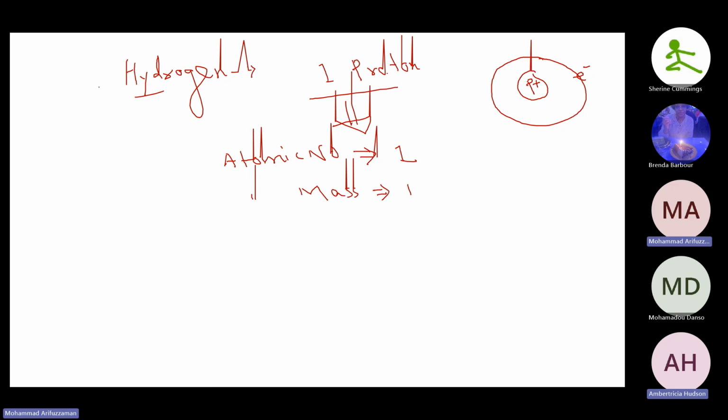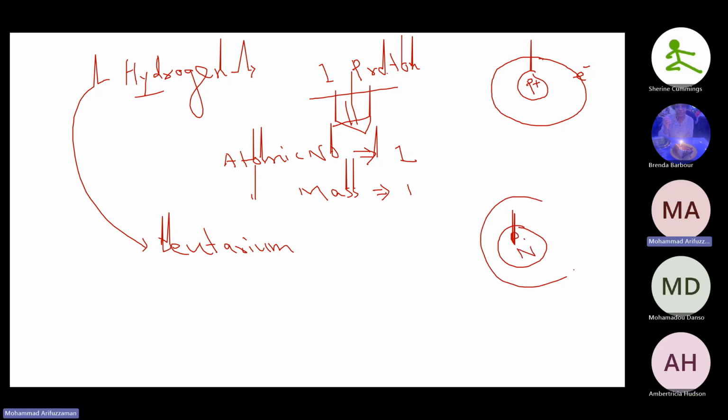Now hydrogen has another isotope we call deuterium. Let's write the deuterium. Deuterium carries a single proton and a single neutron with a single electron.